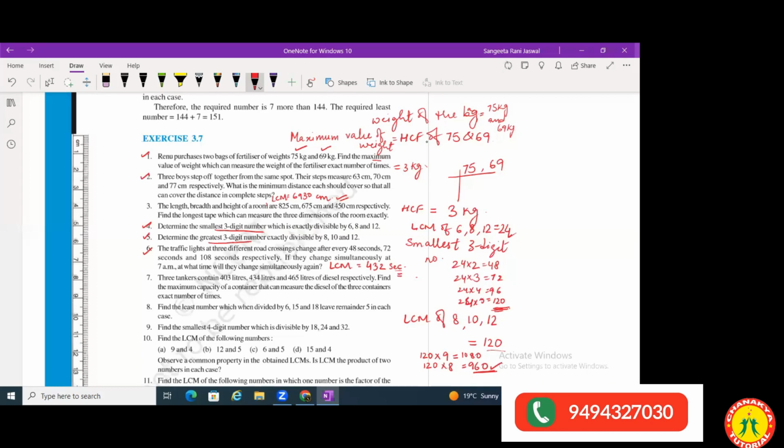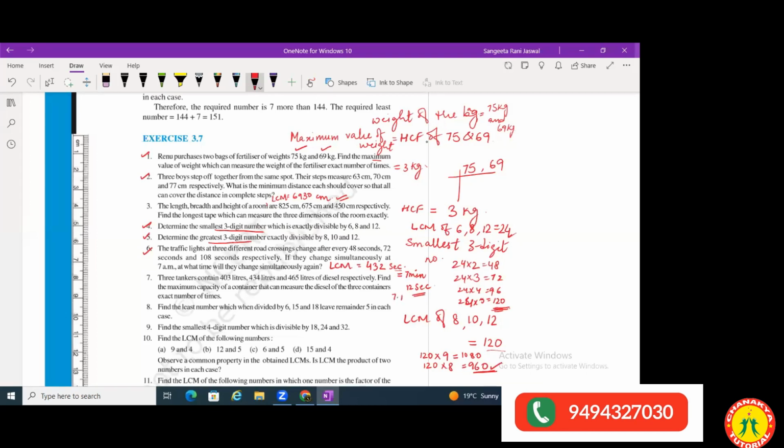If you convert it to minutes, what will it be? 7 sixes are 42, so 7 minutes is 420 seconds. So that means 7 minutes, 12 seconds.